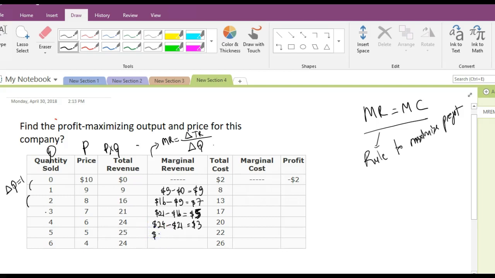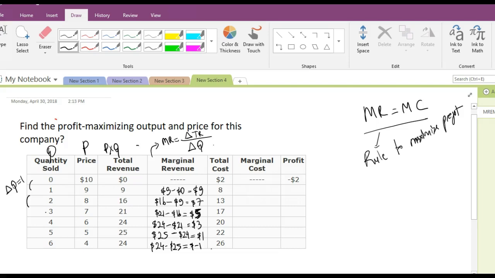So my marginal revenue to produce 5 units will be just $1. And I do it for the last unit, which is going to be negative 1, a negative marginal revenue, which is possible: 24 minus 25. So in a sense, the company is losing revenues when they produce more.